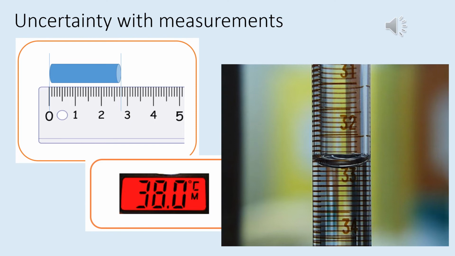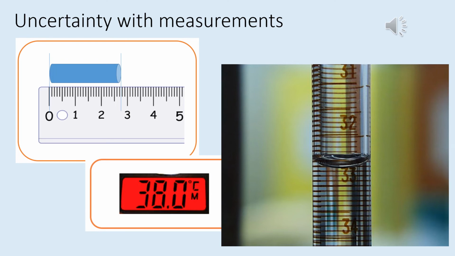Now, I said already that uncertainty is to do with the measurements. It's what interval is our actual measurement in. So if we look at this digital thermometer here at the bottom, it says the temperature that's been measured is 38.0 degrees Celsius. Now, because it only measures to 1/10 of a degree, we have no idea what number is next after this 10th, what number we have in the hundredths.